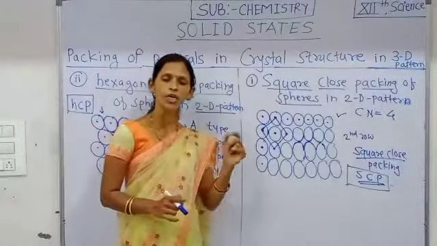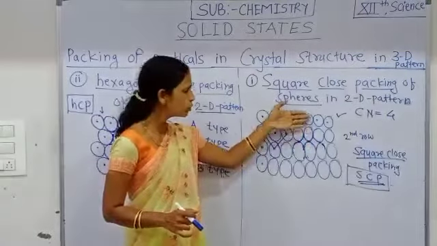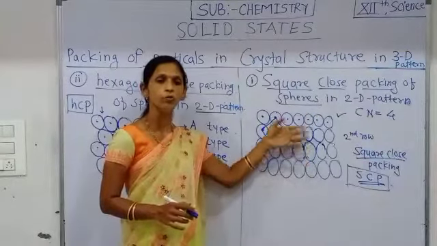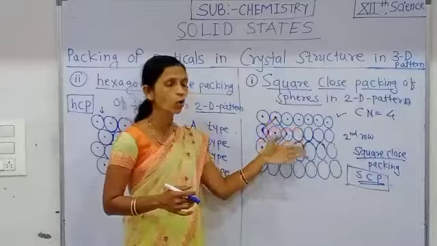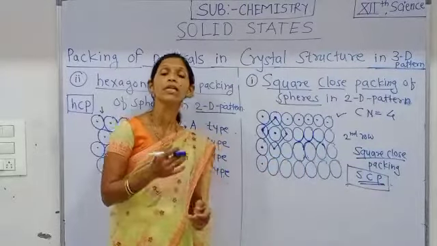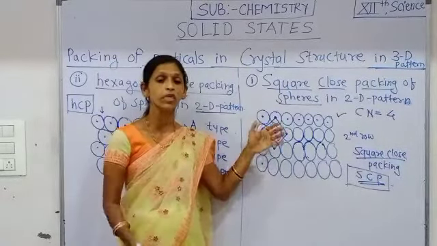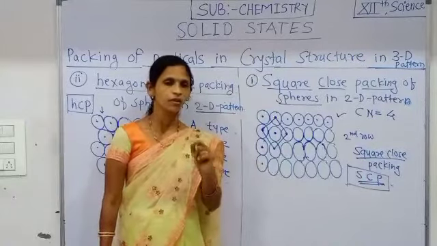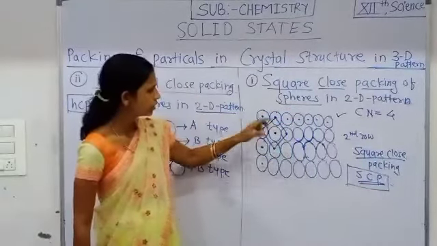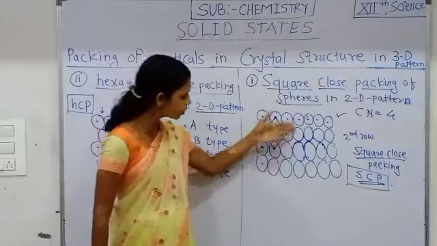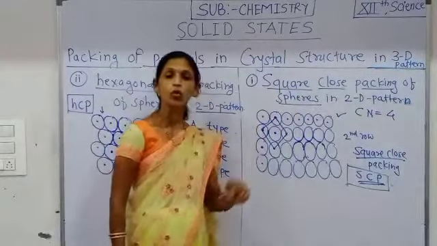Only one type of arrangement takes place while stacking the 2D layers of spheres of the SCP type in a three-dimensional crystal lattice, which results in the formation of a simple cubic lattice. Here one layer is there in which all spheres in all rows are aligned exactly vertically as well as horizontally.